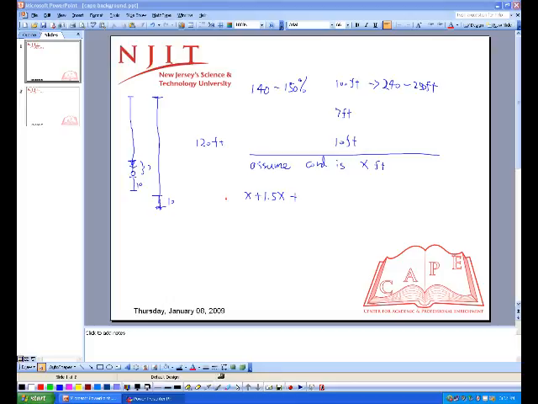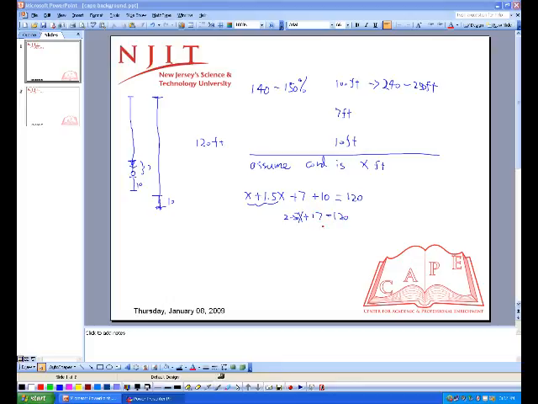Now, plus the people, which is 7 feet, and also plus the safety distance, which is 10 feet, and we want this to be equal to 120. This is the extreme length of the cord it can be. If we solve for that, we combine the like terms, and it becomes 2.5x plus 17 is equal to 120.